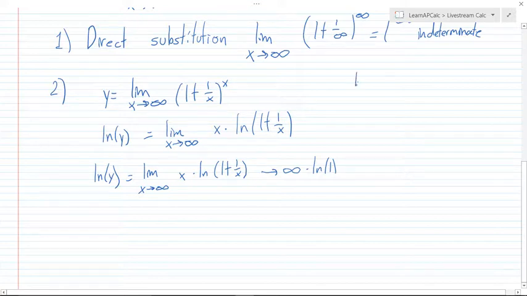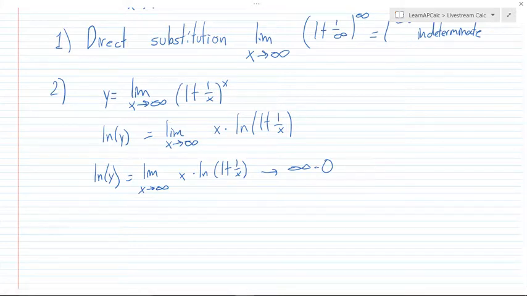Now, quick side note, ln of 1, let's say equals x, e to the x equals 1, x equals 0. So, thus we're going to end up with something sort of weird. Infinity times 0. What is that?